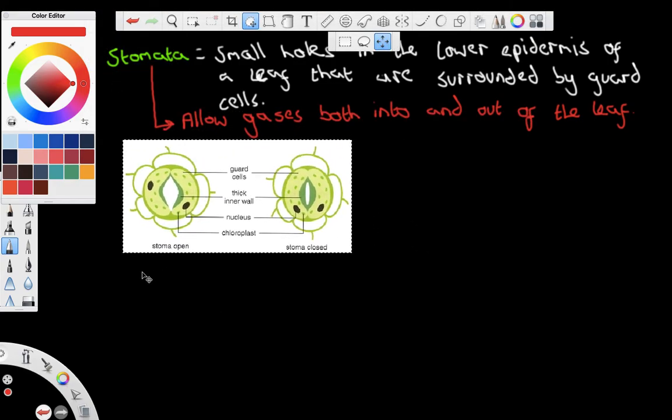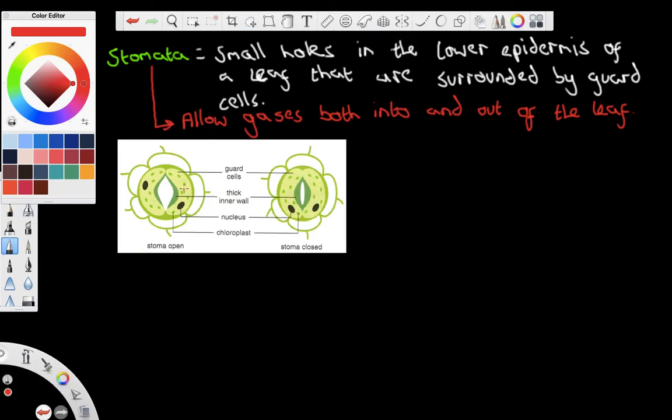So guard cells are these green cells here. You can see the nucleus here, and the stomata is the hole in the middle. So the stomata is the hole, the guard cells are what surround the hole. The guard cells either open or close the stomata, depending on if the leaf wants to keep gases in or get rid of them.